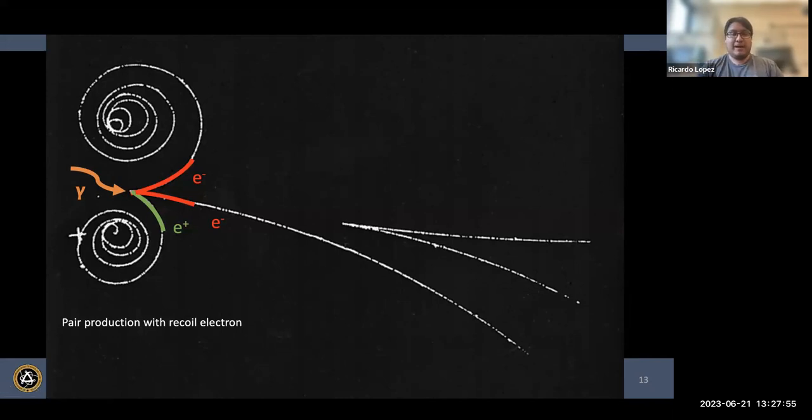Of course, this doesn't always happen. Sometimes you just have the pair production, which is happening over here to the right, where you have an incoming gamma ray that undergoes pair production, and you simply have the creation of the two different particle and antiparticle pairs. In this case, they have a lot more energy, so they don't immediately start curling towards annihilation.